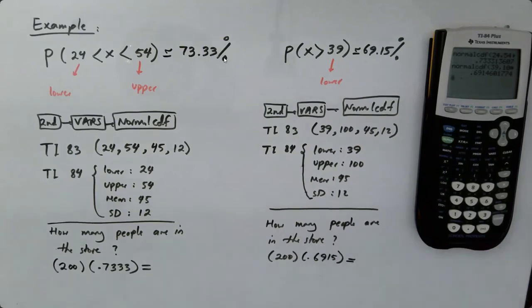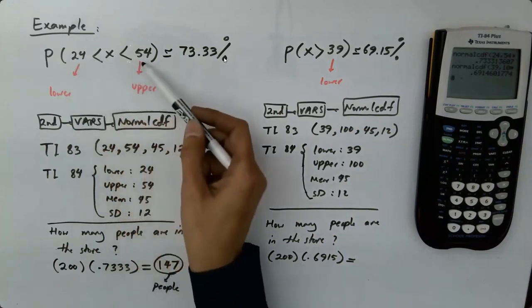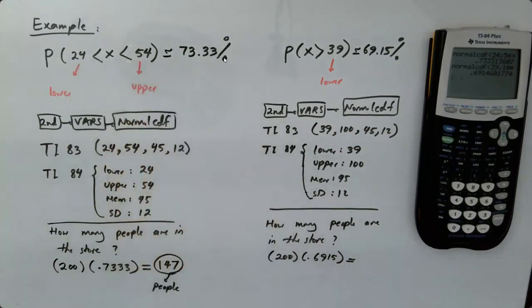So if you multiply these two numbers together, you're going to get about 147 people in the store. It means that in the store you have 147 customers who spend between 24 to 54 minutes.